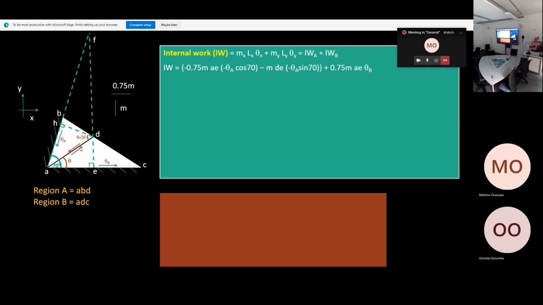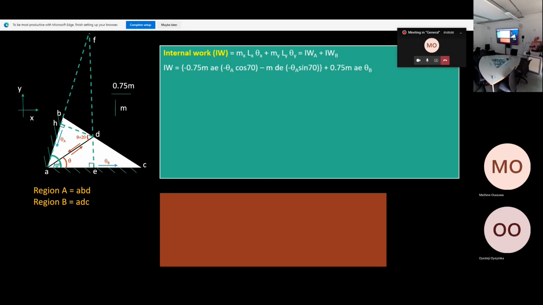So if you take this moment vector and project it onto the x-axis, on the x-axis we have 0.7 m times the length of this yield line on the x-axis, AE. And the projection of this vector on the x-axis is theta b itself.